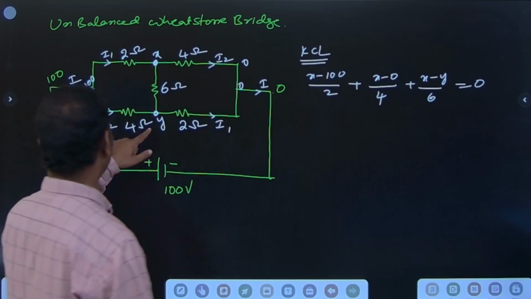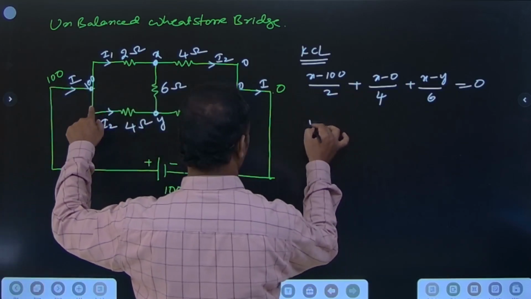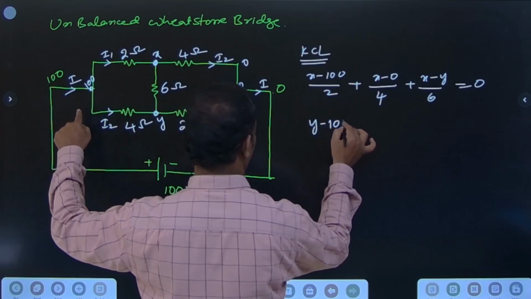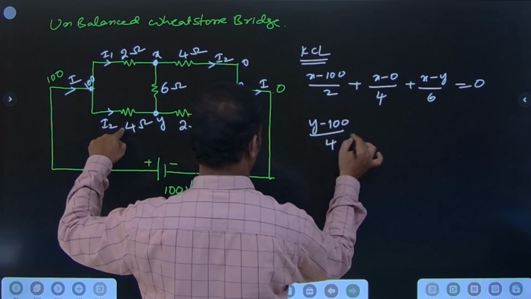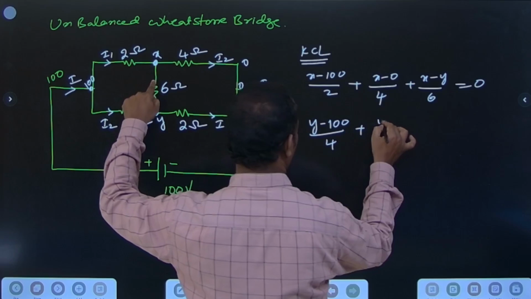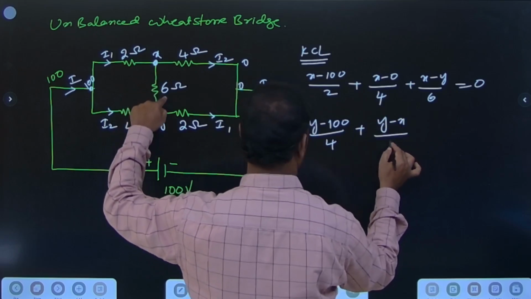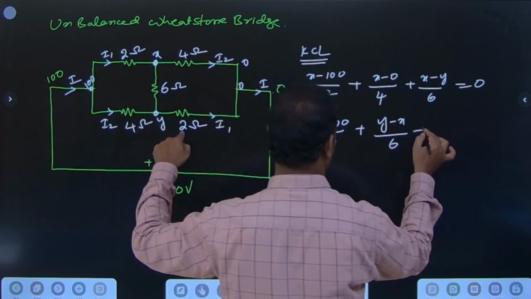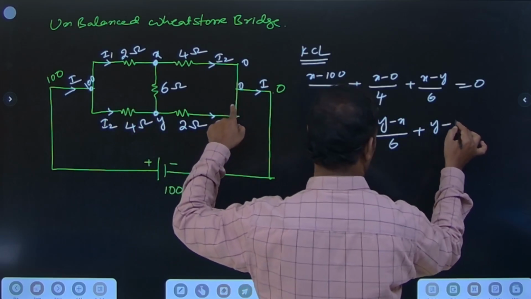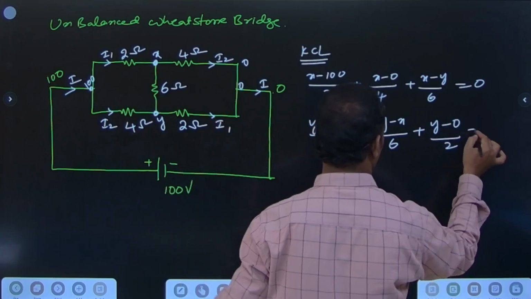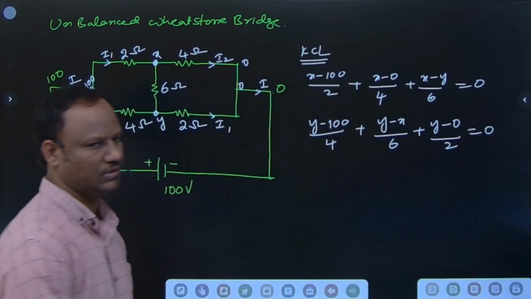For Y, write Y minus 100 by 4 plus Y minus X by 6 plus Y minus 0 by 2 is equal to 0.